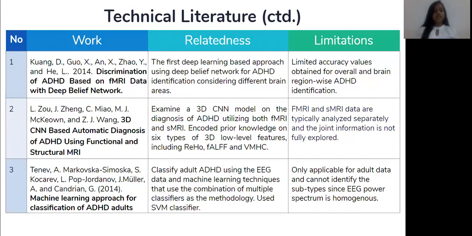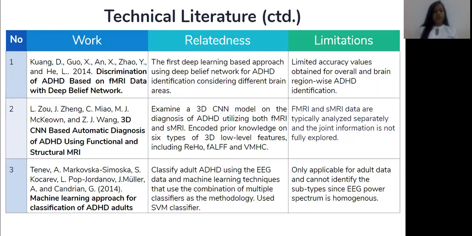In 3D CNN based ADHD classification study, they have examined a 3D CNN model on diagnosis of ADHD, but there the limitation is they have considered the functional and structural MRI data separately, and they didn't explore the joint information there.